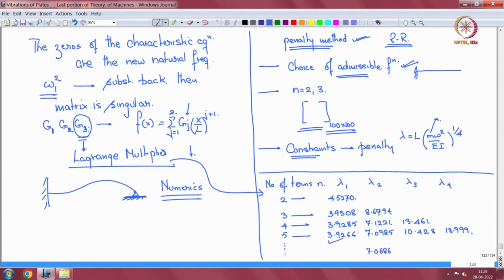So this has converged. Then 10.210 and 13.352. So if you can try this out and see if you get these values, and this is the form of the function.